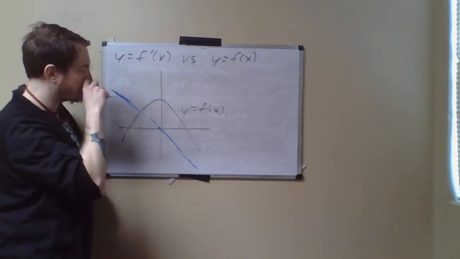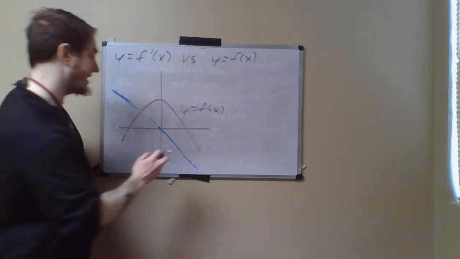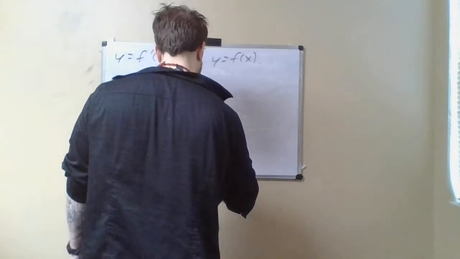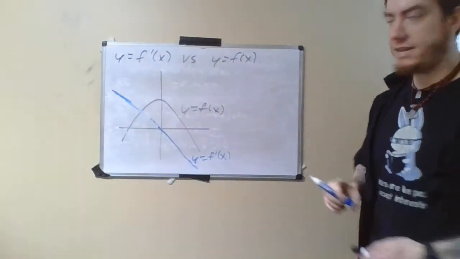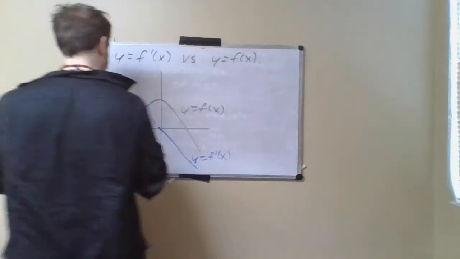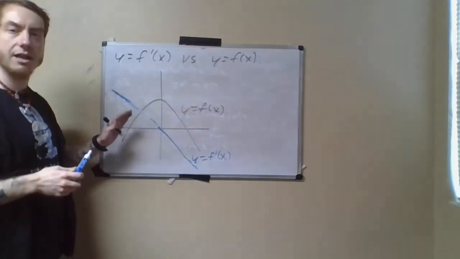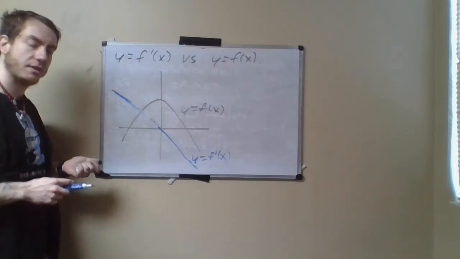So my derivative continues to become a larger and larger negative number. And so here is my y equals f prime of x. And again, I just got this by looking at this curve and asking myself, okay, what does the tangent line's slope appear to be at these different points?